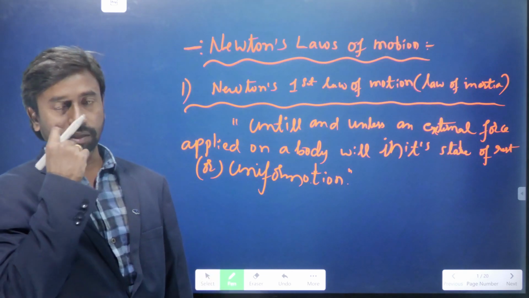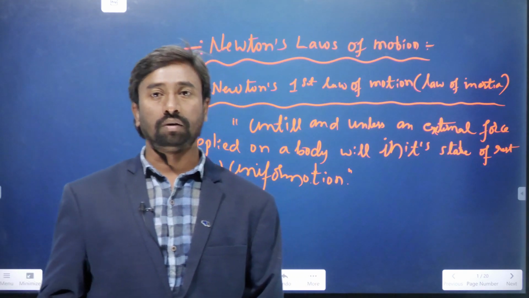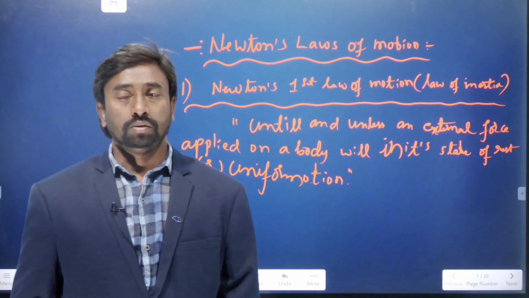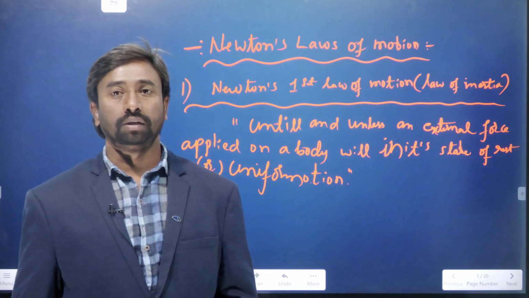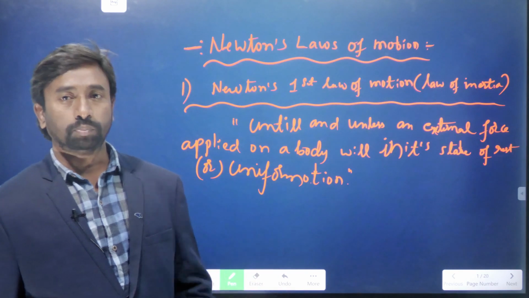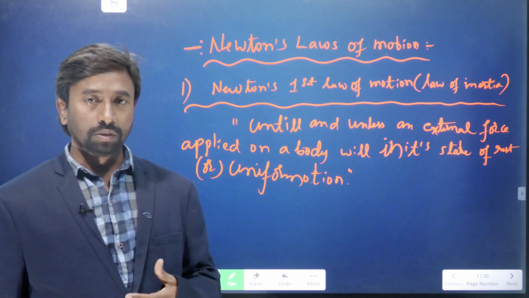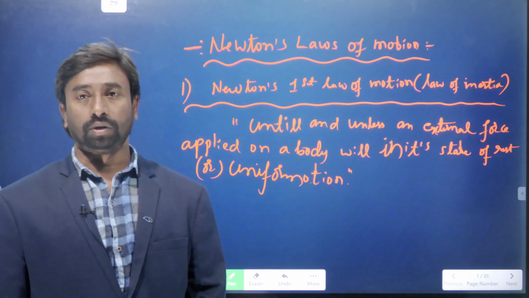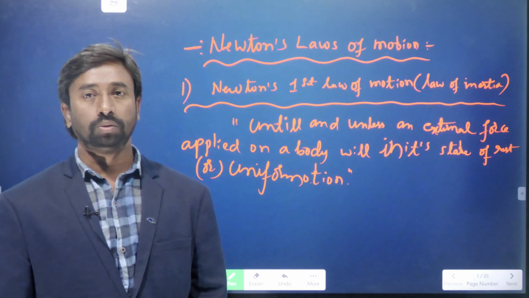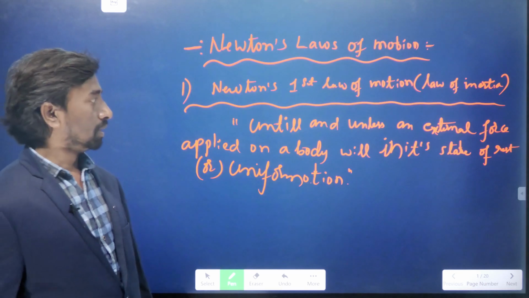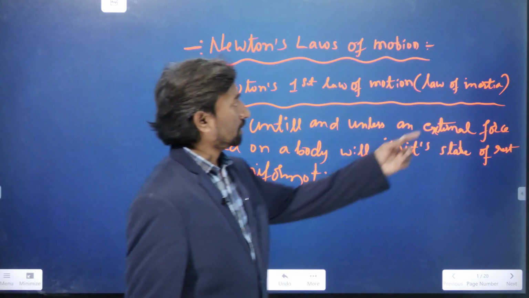In our day-to-day life, there are many objects that are always at rest until some external force is applied, and then they stay at that position only. That is the inherent property of the body, and that property of the body is called inertia.